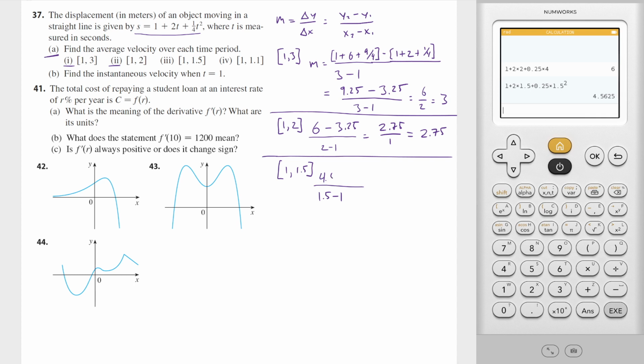All right, 4.565 minus 3.25. Okay, so let's go ahead and do it here.